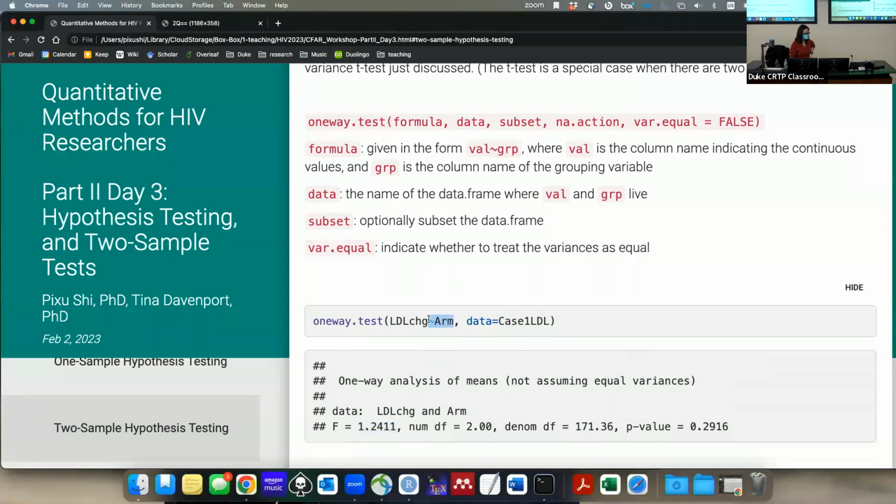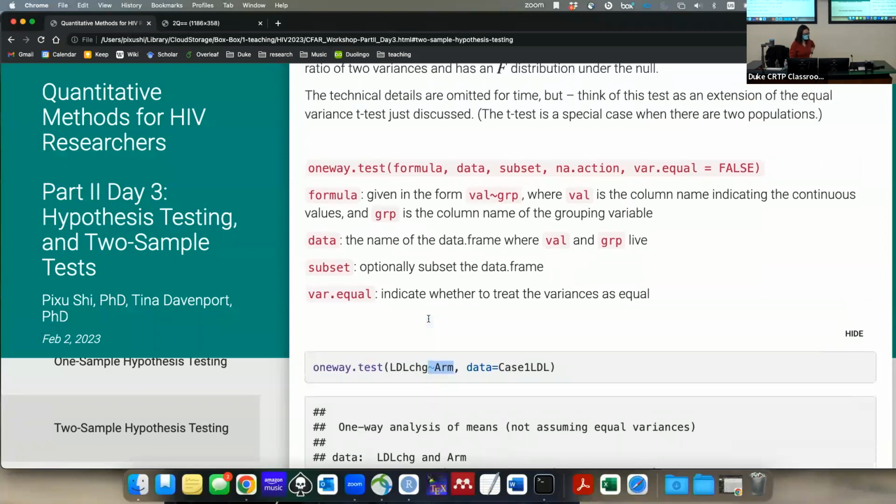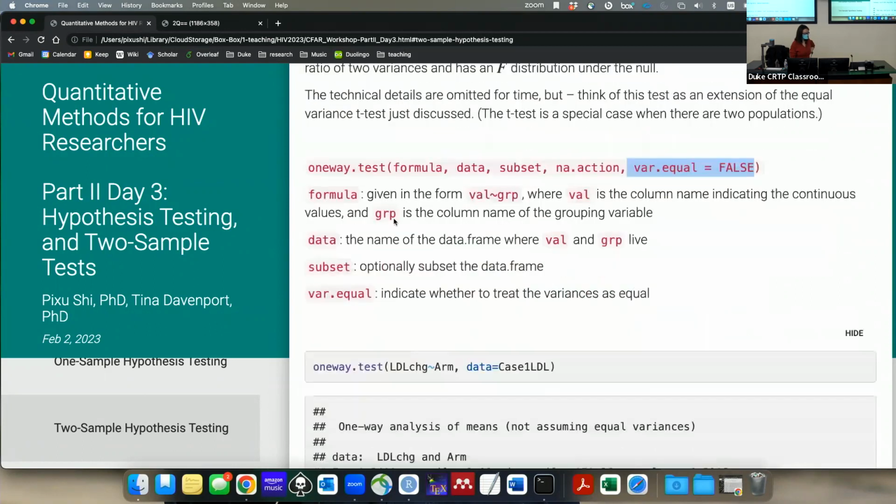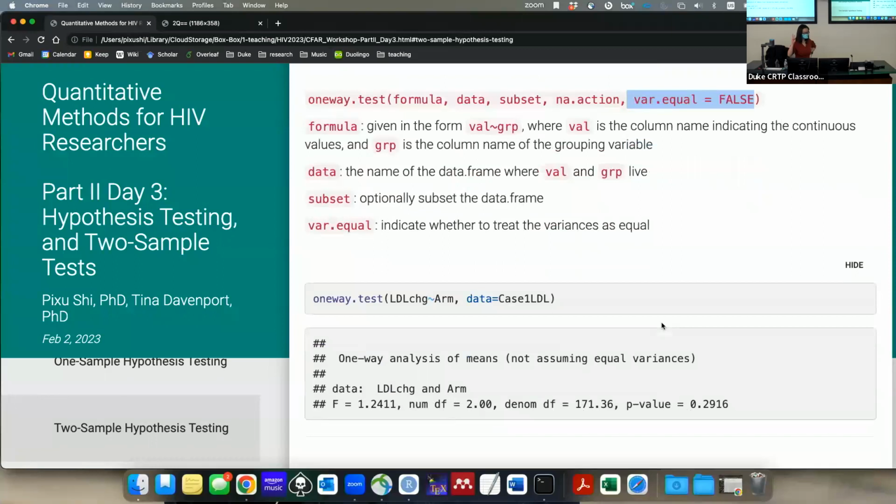If you only have 2 groups, remember, by default this variance equal is false. If you use one-way ANOVA with 2 groups and unequal variance, it's going to give you the same p-value as a 2 sample t-test with unequal variance.